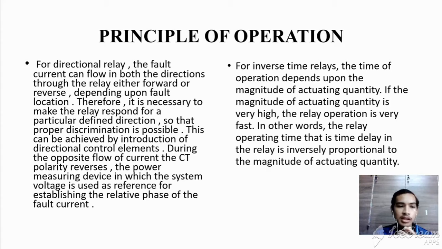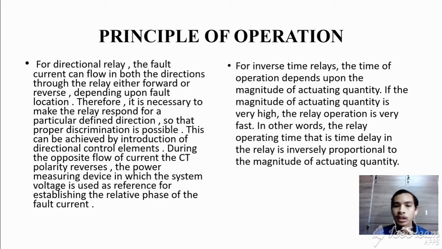This can be achieved by introduction of a directional control element during the opposite flow of current, the CT polarity reverses. The power measuring device, in which the system voltage is used as reference for establishing the relative phase of the fault current. Operation for the inverse time relay: the time of operation depends upon the magnitude of the actuating quantity.